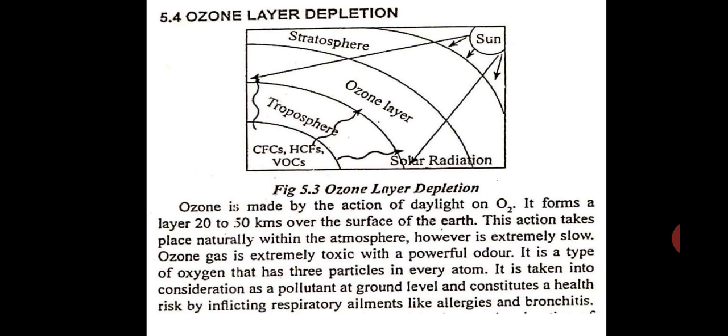The ozone layer in the upper atmosphere absorbs the sun's ultraviolet radiation, preventing it from reaching the Earth's surface. So this ozone layer, which is 20-25 kilometers above the Earth's surface, acts like a filter and does not allow the harmful solar UV rays to come to the Earth. This layer protects life on Earth from the harmful UV radiation from the sun.